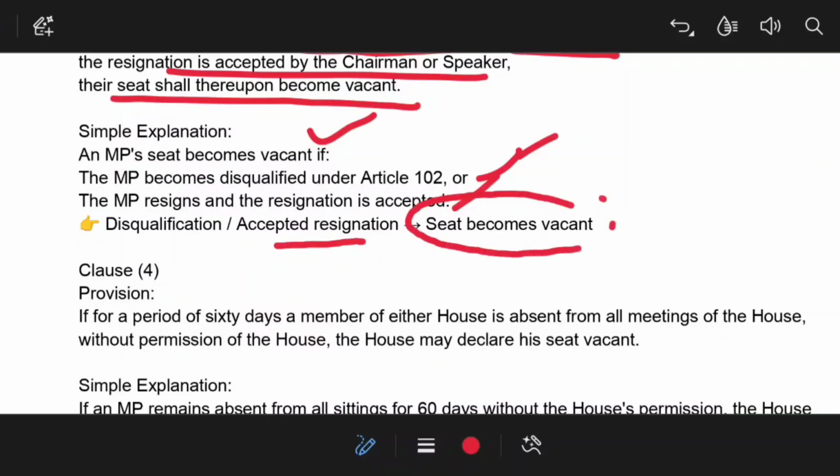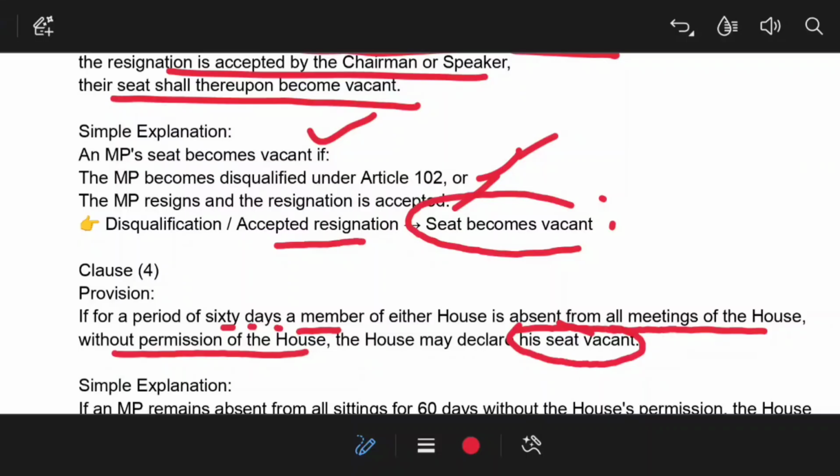Okay, clause 4. This is a very important provision because UPSC might ask a question from this domain, because this clause contains a definite time period. If for a period of 60 days a member of either house is absent from all the meetings of the house without the permission of the house, the house may declare his seat vacant. Now suppose you are a member of the parliament. It is true in the case of the state legislature as well.